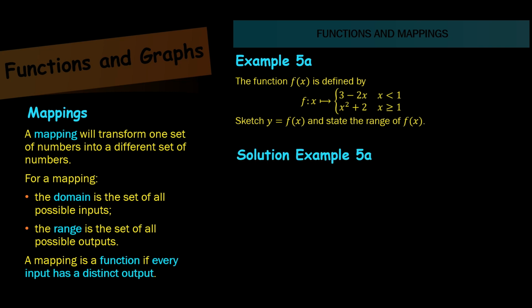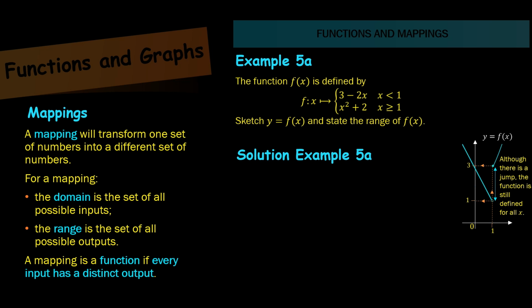So let's solve this. Here's our sketch. This part is y equals 3 minus 2x, where x is less than 1. And this part is y equals x squared plus 2, where x is greater than or equal to 1. 1 is mapped to 3.